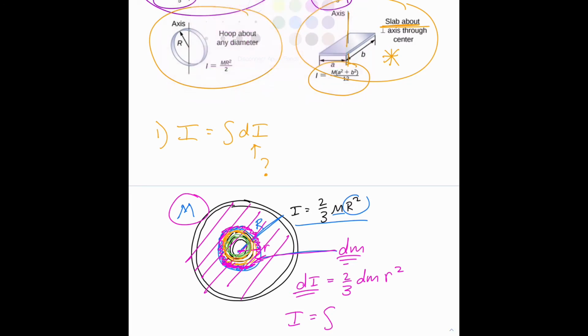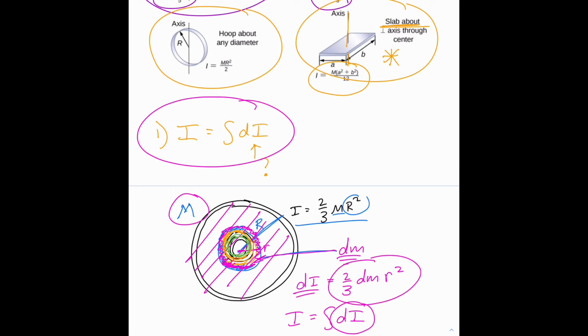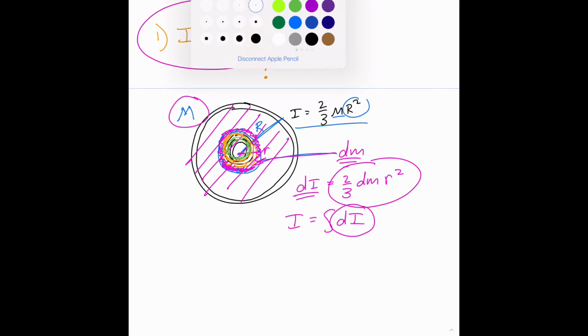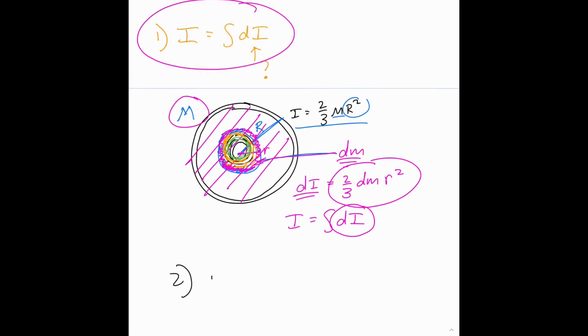I'm going to have to add up all the little bits of rotational inertia. That's what this statement's all about. And now we know what we can substitute for di, 2/3 dm lowercase r squared. So step number 2, I equals the integral of 2/3, how about r squared dm?